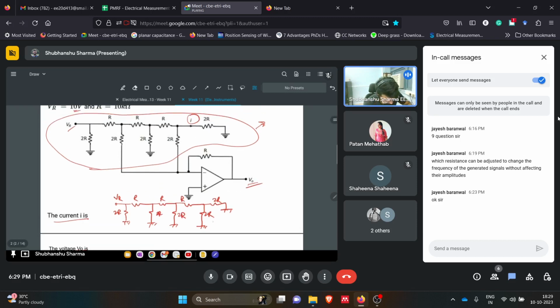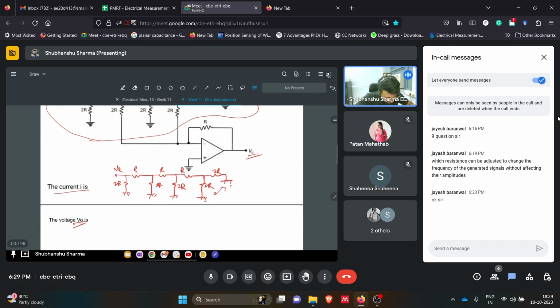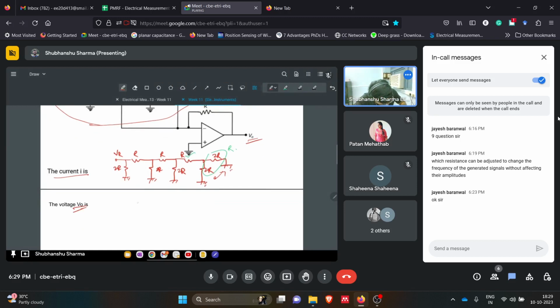We can say these two are parallel because same voltage, same potential. So this is R. Then this R is in series with this R, so this will be 2R. Then again this 2R, then we will have this circuit. This will be R now.